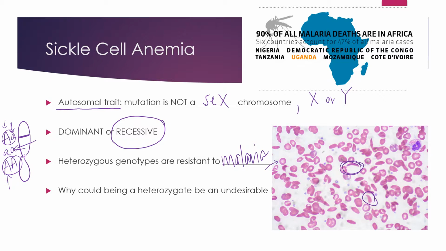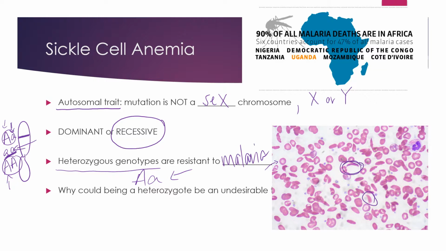So the heterozygous genotype, which remember is one dominant allele and one recessive allele, is going to be resistant to malaria. That means this individual is not going to have sickle cell anemia, but they're going to be resistant to it. In order to have sickle cell anemia, you have to have the two recessive alleles.